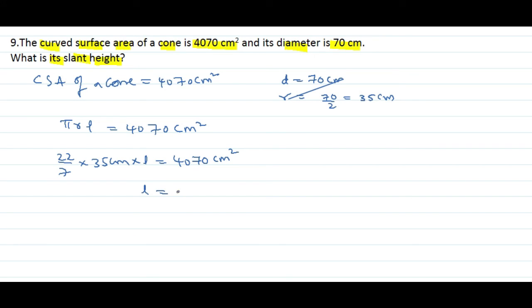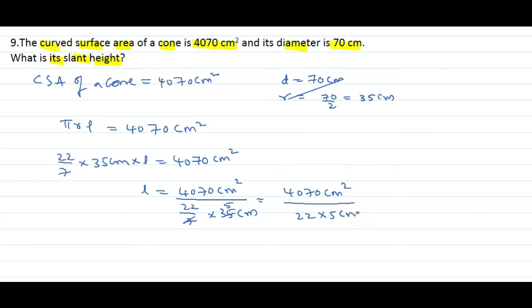So now l is equal to 4070 centimeter square divided by 22 by 7 into 35 centimeter. 7 fives are 35. So which is equal to 4070 centimeter square by 22 into 5 centimeter, which is equal to 37 centimeter.